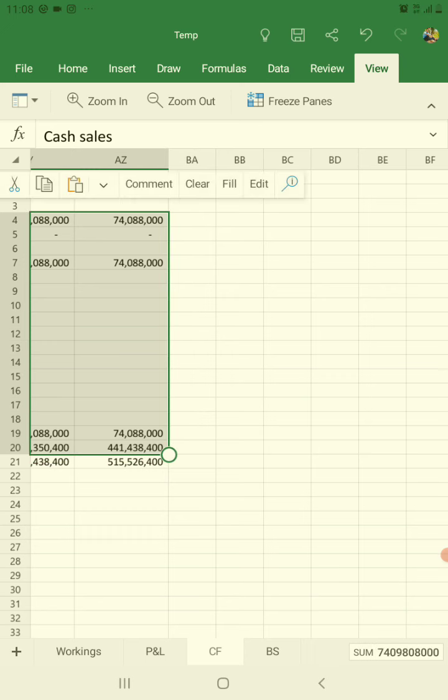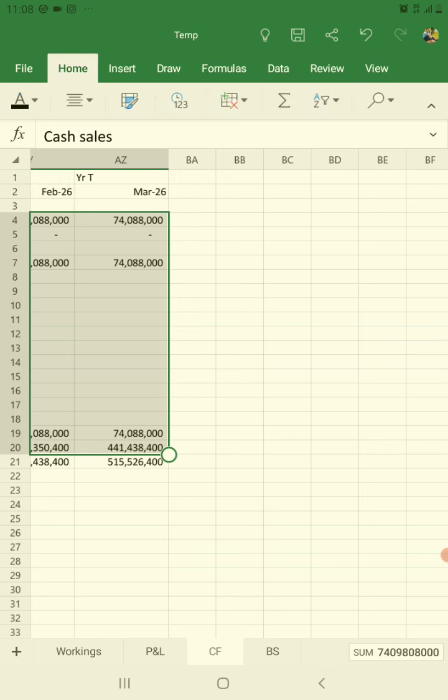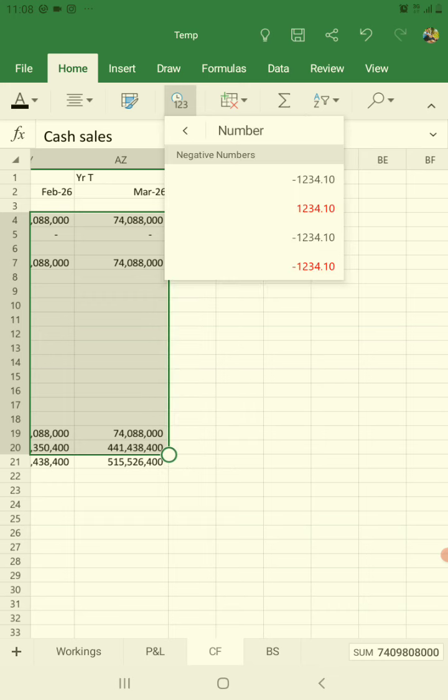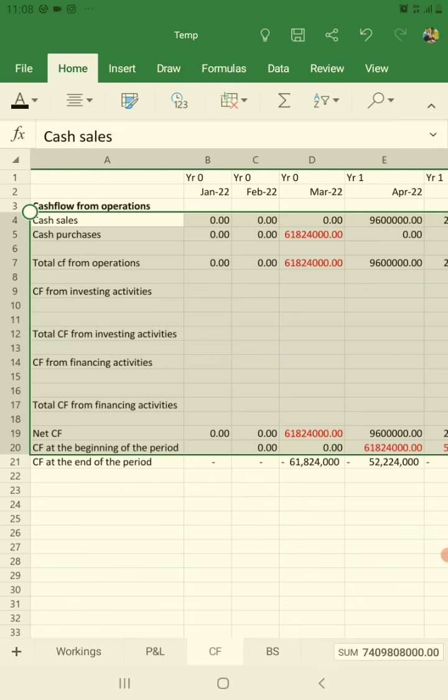And then on Home here, on the 1 2 3 numbering, I click on the number, and negative numbers format, I select this red one, the second one here, so that you can see the red account.